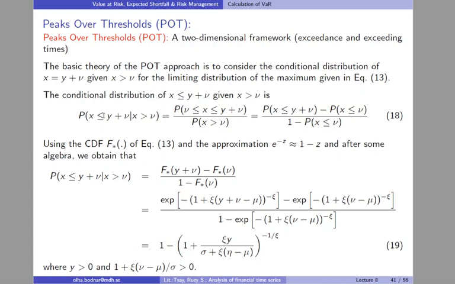So this conditional probability is basically 1 minus this exponential that only depends on the mean, a parameter eta, shape value, and standard deviation, conditional to this. Okay, that's pretty manageable already.